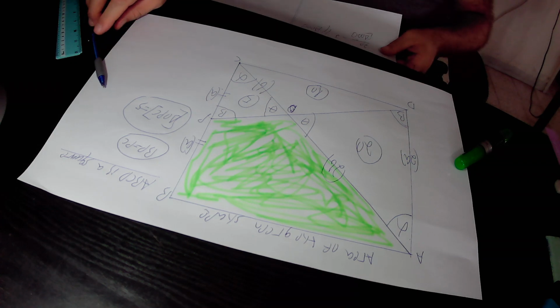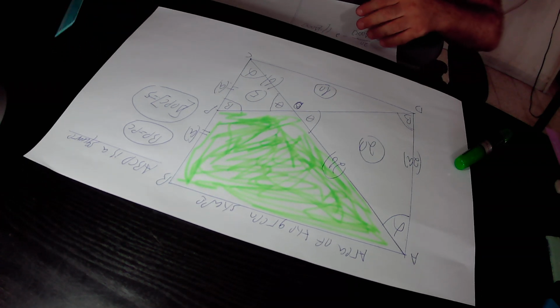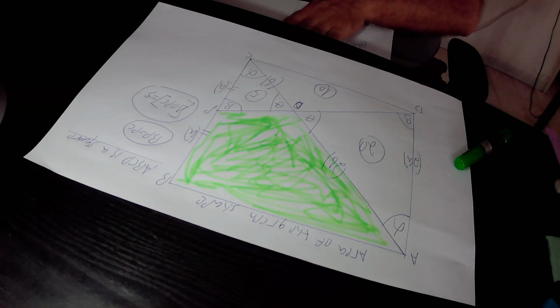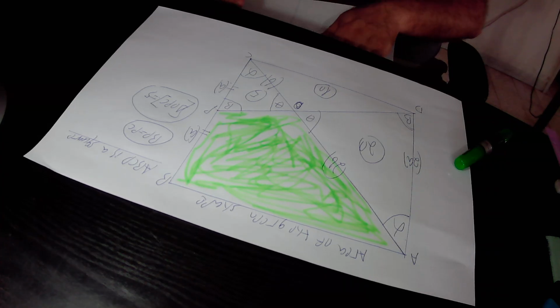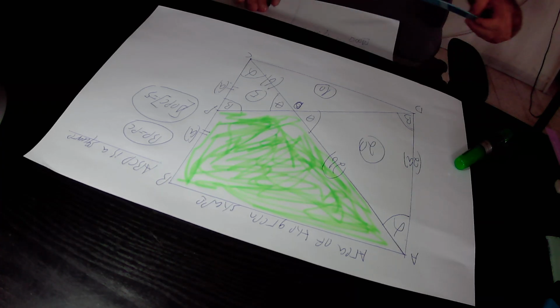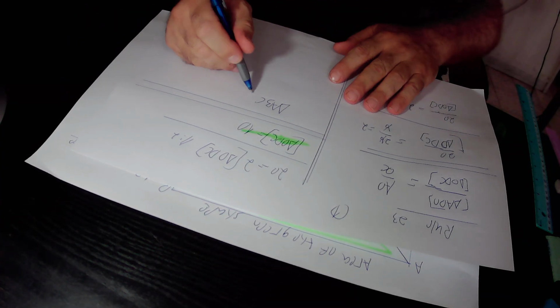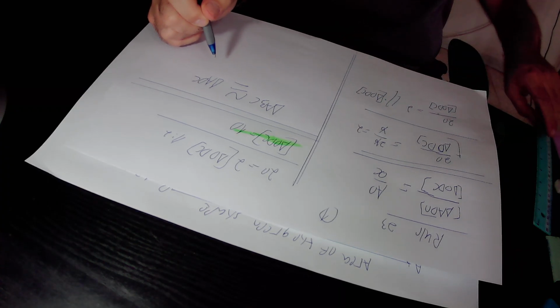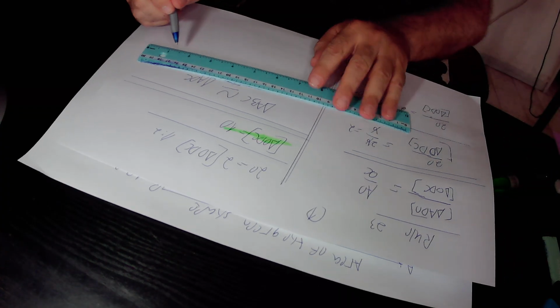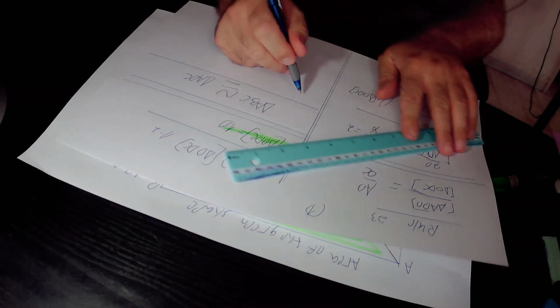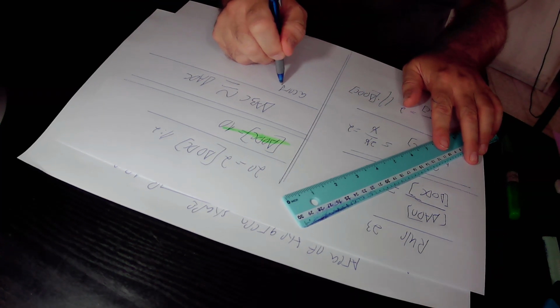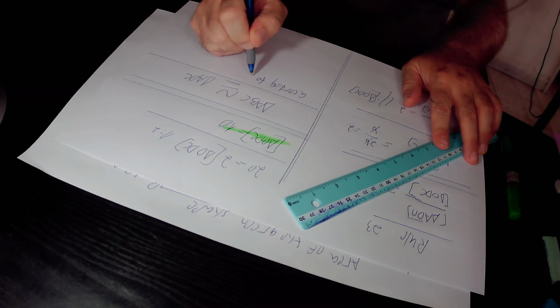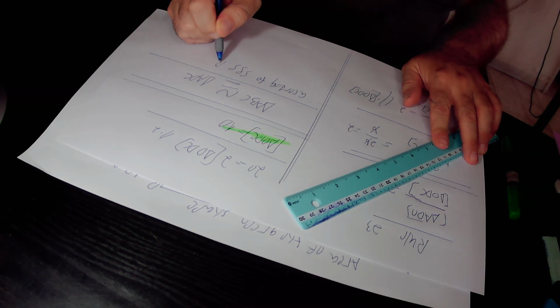So I write it down. The big right triangle ABC is congruent to the right triangle ADC according to the side rule.